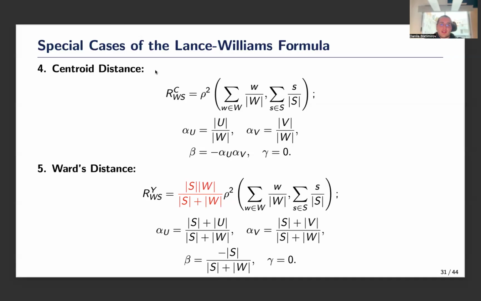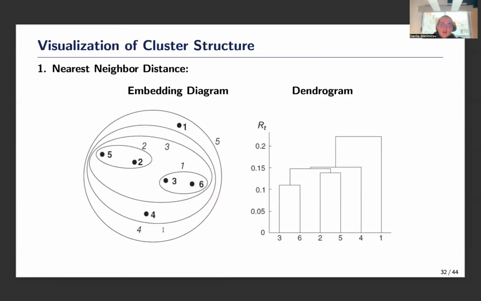So it's like centroid distance, but with some normalization depending on the size of the two clusters, W and S, and it has corresponding parameters. So here we have different distances, which give different step-by-step solutions and different dendrograms.